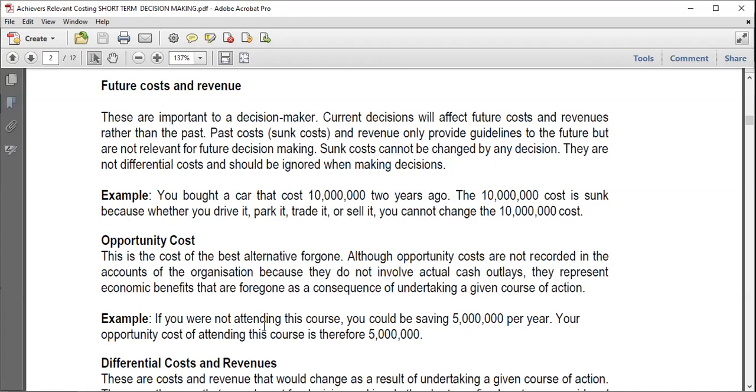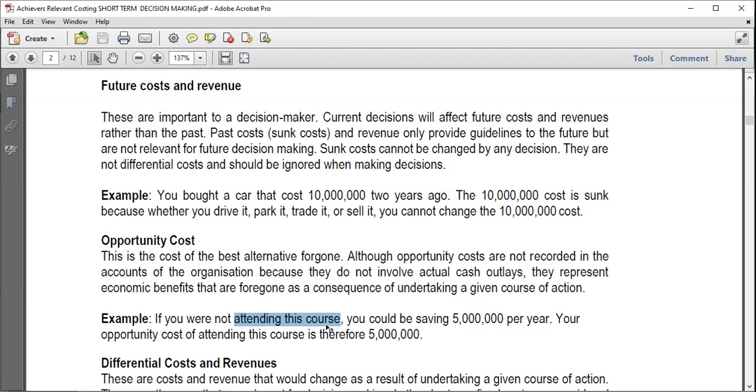So they have also tried to give us an example here around your CPA, that if you are not attending this course, you could be saving maybe 5 million per year. So your opportunity cost for attending this course is therefore 5 million. You get it. So it's important, even still related to your CPA course.